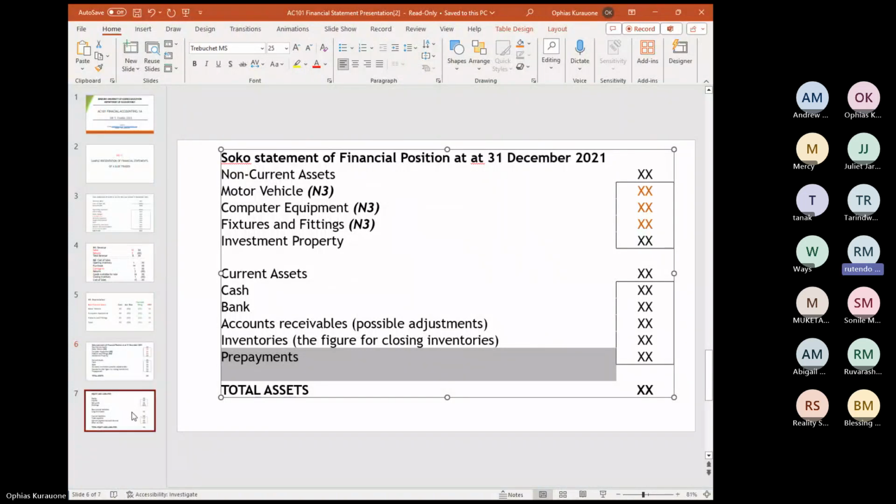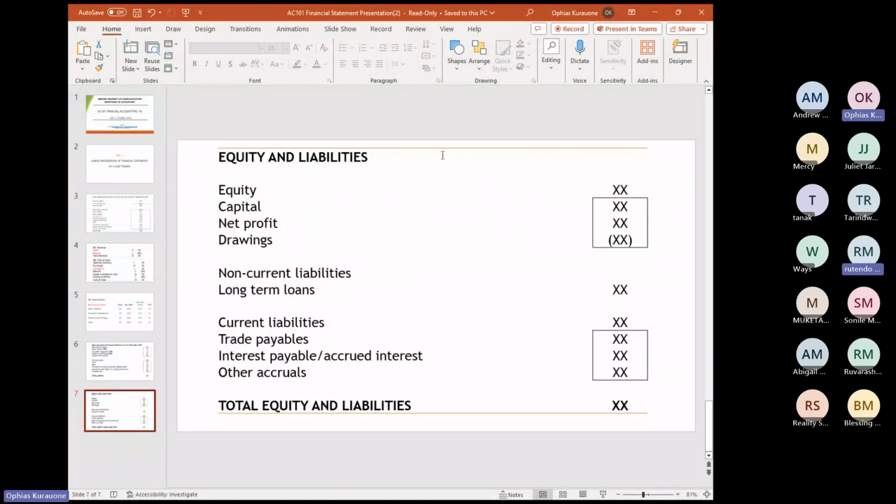Let's go to the statement of financial position. We've got equity and liabilities. Equity is the amount which you've invested as an entity. Liabilities are obligations you have to settle in the near future. If you've got liabilities, it's an obligation, you should pay that amount in the near future.